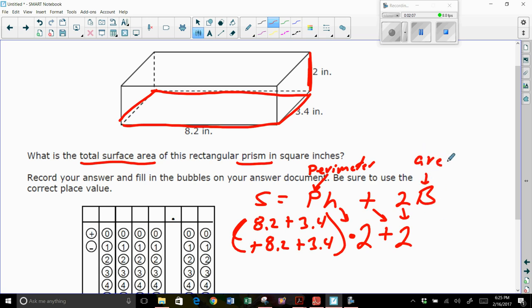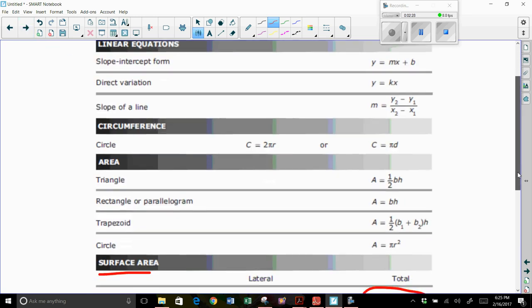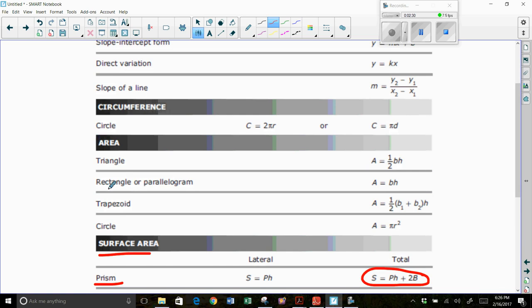stands for the area of my base. What ends up going here depends on the shape that I have on the floor. What I have is a rectangle on the floor. So I'm going to go back to my formula card and look for the area of a rectangle. We're in the area section this time. Here's the area. Area of a rectangle will be base times height. So we go back to our problem.